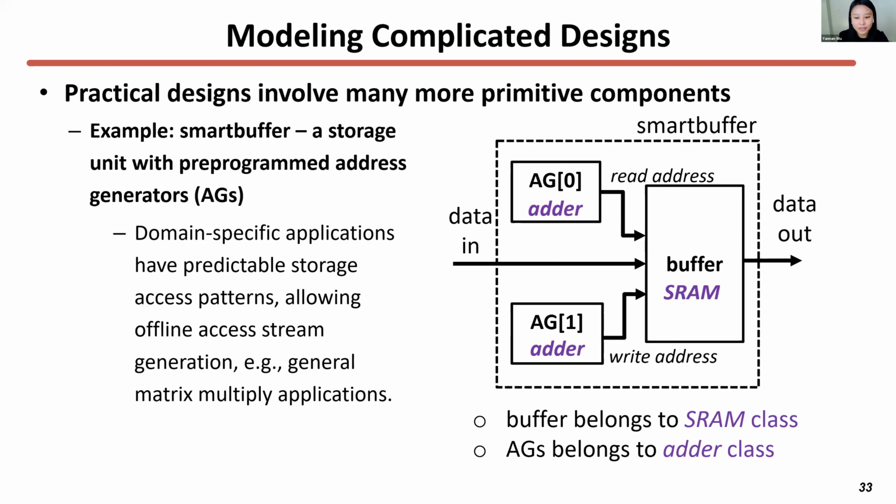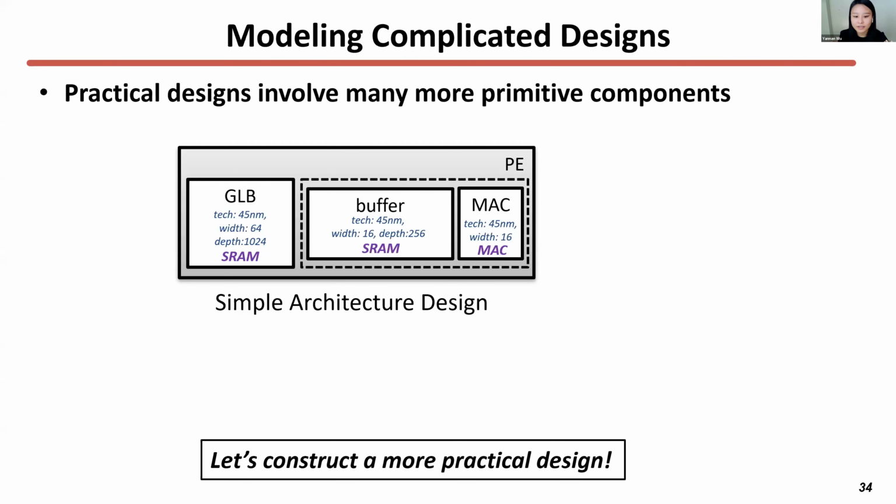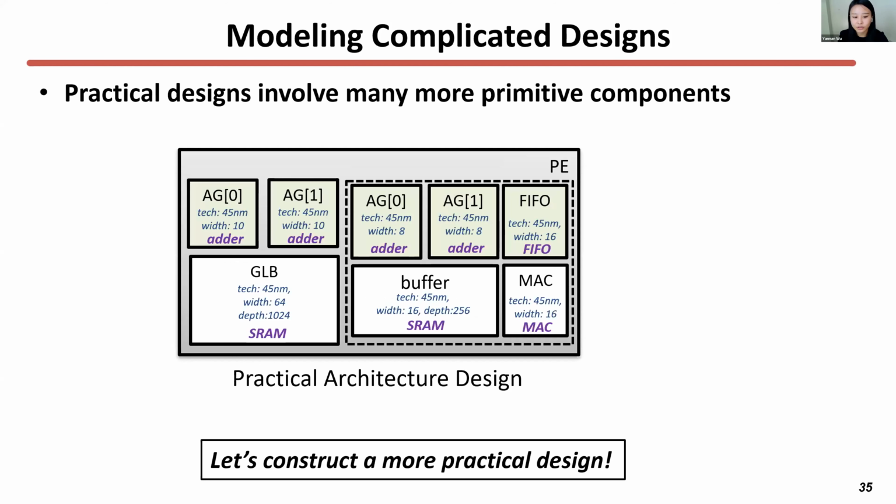So now, instead of having this simple architecture design, we can enrich it with this new practical storage unit. We can add address generators to the global buffer storage and the local buffer storage. Furthermore, we're adding a FIFO unit to the MAC component because we do want to store some of the output of the MAC to enable higher throughput.